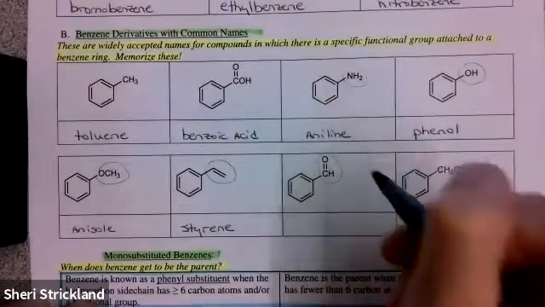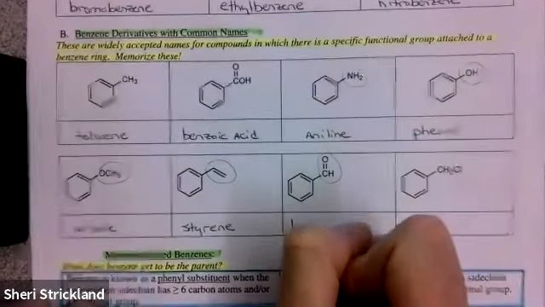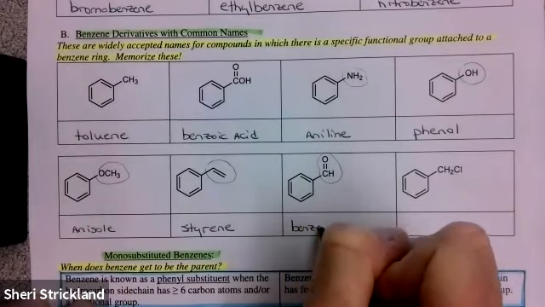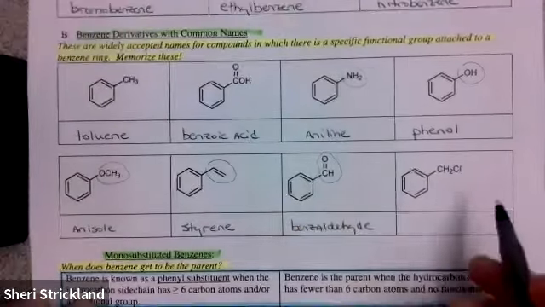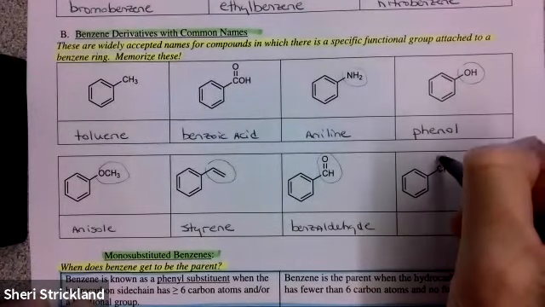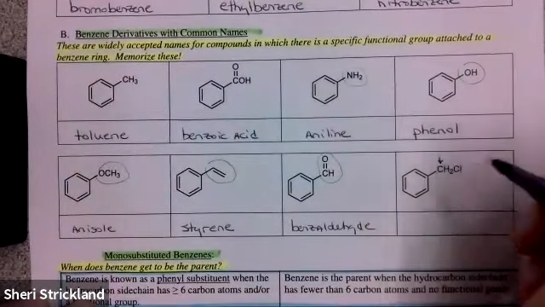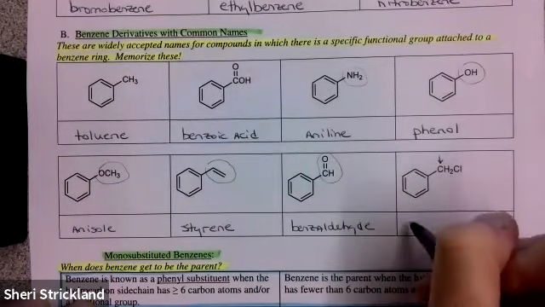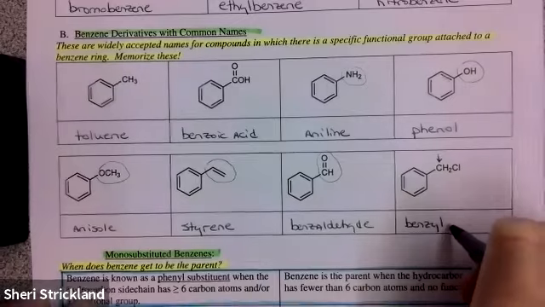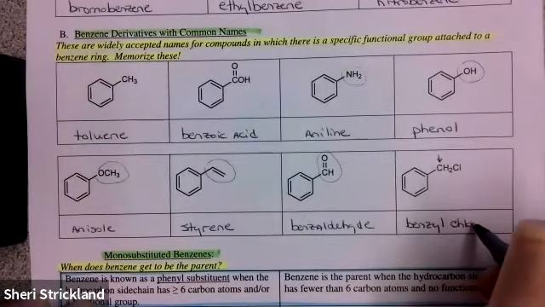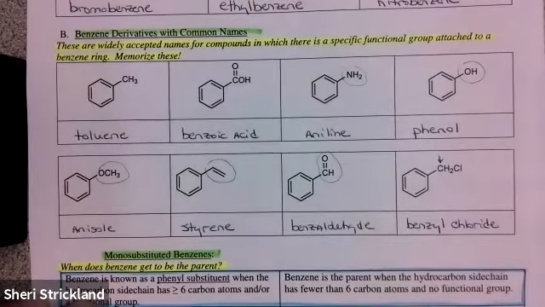If you've got an aldehyde attached, this is benzaldehyde. And if you've got something attached to this carbon right here, this is the benzyl carbon. So this is called benzyl chloride, but you'll see benzyl other things too. And there's a space between benzyl and chloride.